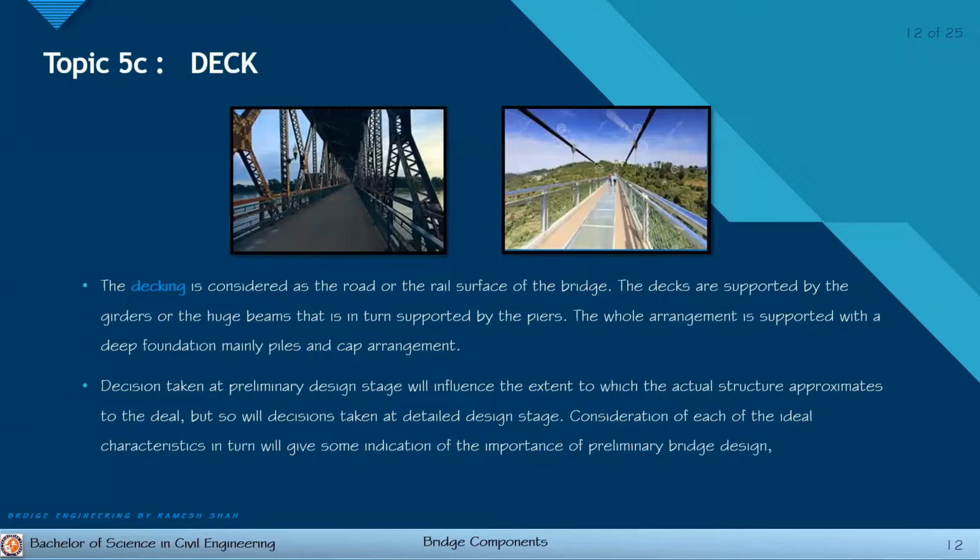So importante din na magkaroon tayo ng preliminary bridge design upang makita natin or ma-evaluate natin ang mga design na pwede nating gamitin sa ating bridge construction, and also in order for us to know every detail sa ating design stage and even sa ating construction, kung ano ba yung pwedeng mangyari sa ating construction.